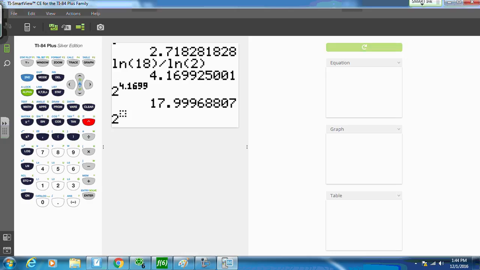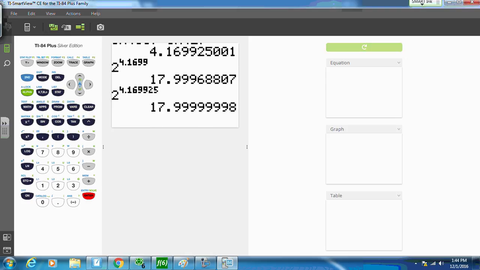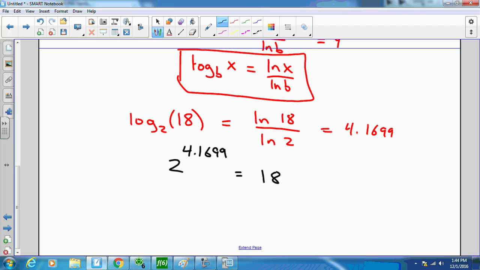If I gave a couple of extra decimal places, 2 to the 4.169925, there you go. So we check out. Okay, so that's an example of use here.